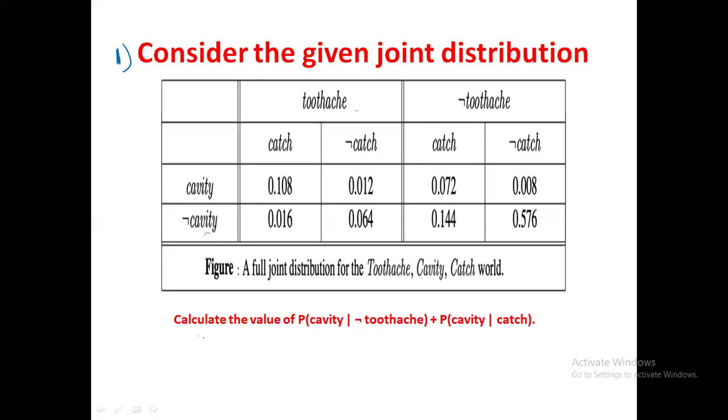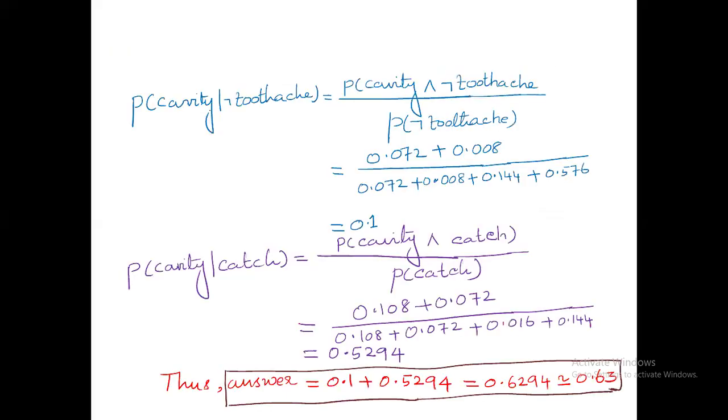In this problem, we have been asked to calculate the probability of cavity given toothache bar plus the probability of cavity given catch. So first we have to expand one by one. Probability of cavity given toothache bar, we will write as probability of cavity and toothache bar divided by probability of toothache bar.